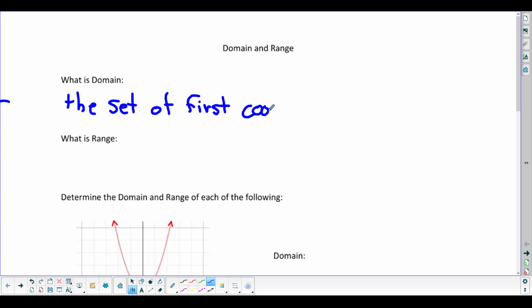The first coordinate, and this has to do with graphs, is usually the x value. It's in an ordered pair, like (x, y) in brackets. Usually that's how we write a single point. But the domain is particularly about the set of first coordinates. Usually that's the x's.